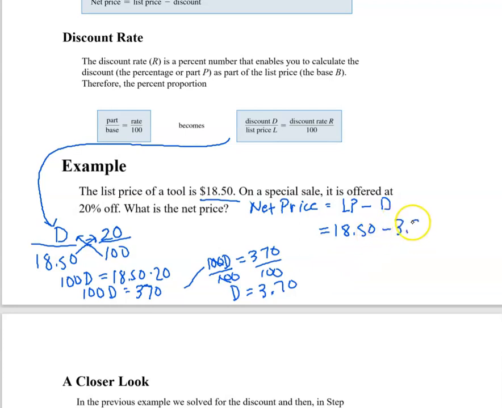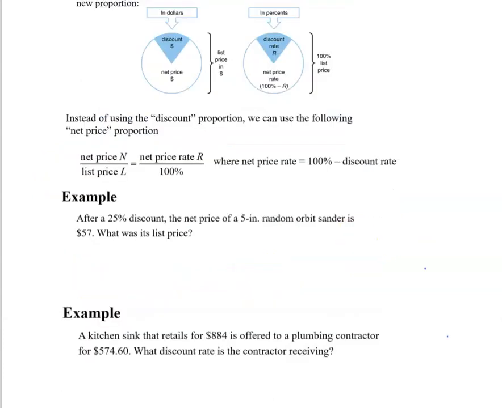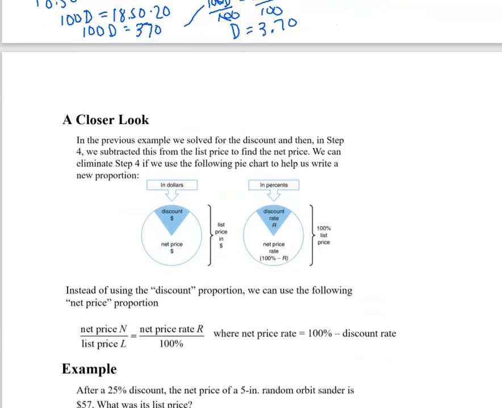So to find our net price, we're going to want to subtract these two things. $18.50 minus $3.70 would give us $14.80.